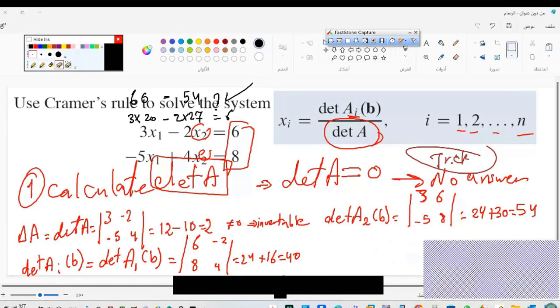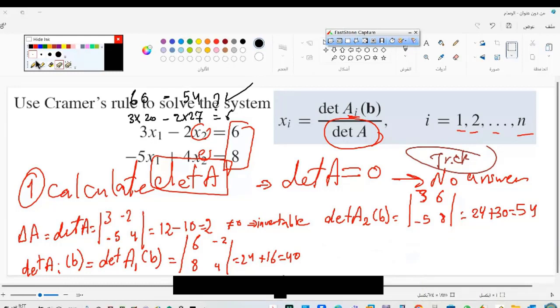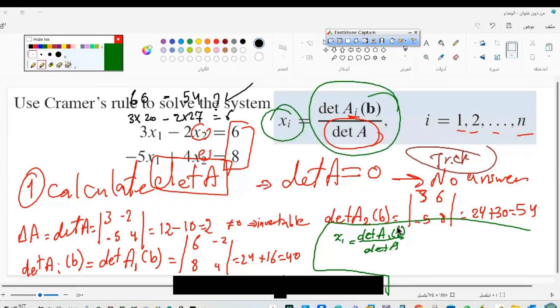Okay, Muhammad, let's calculate the green one. Now x1 is delta A1(b) over det A, it is 40 over 2, equal 20.